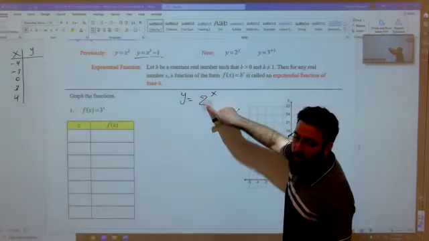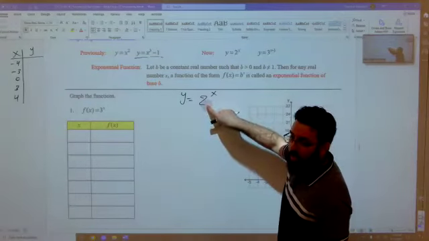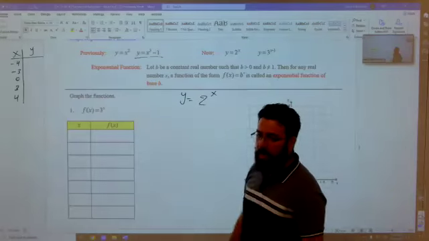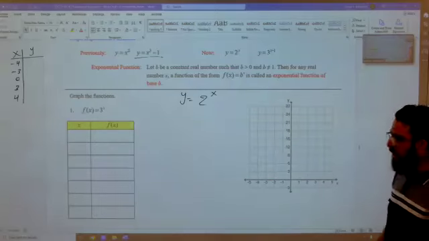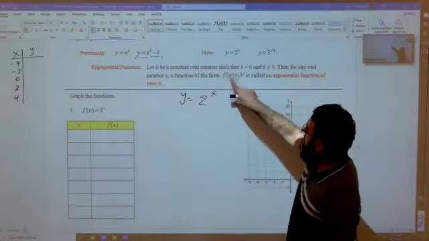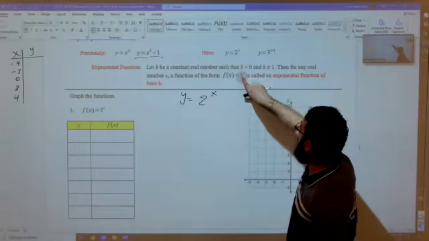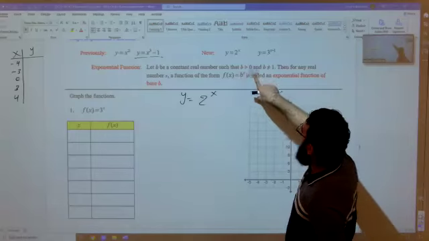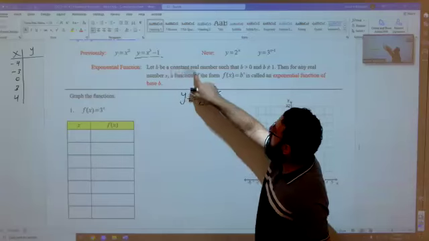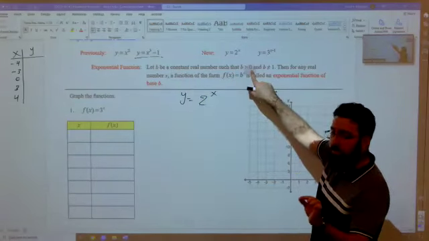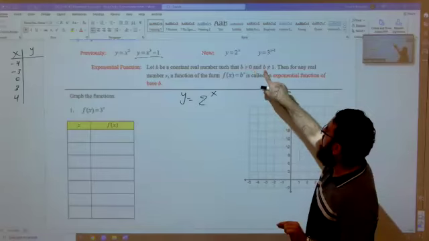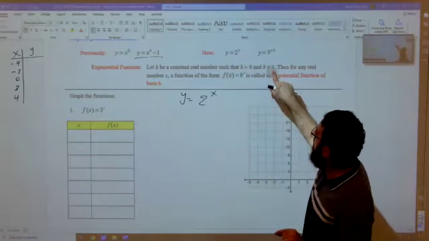This number 2 is called the base. Write it down. In general, sometimes they write it as a small letter a or b. So b is called the base, and they're telling you here: let b be a constant real number such that b is greater than 0, always a positive number, and b is not equal to 1.